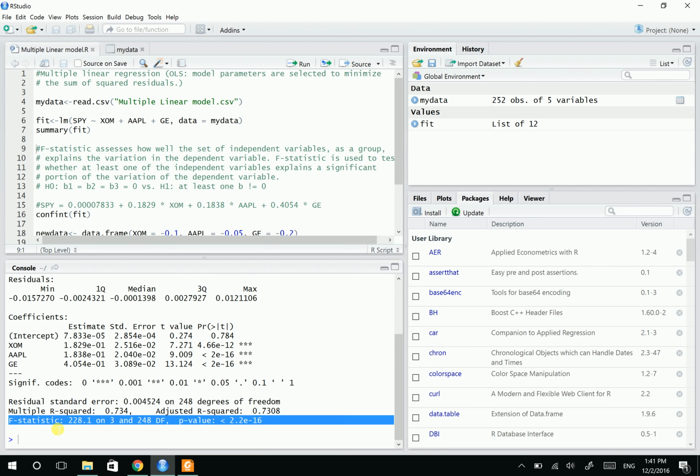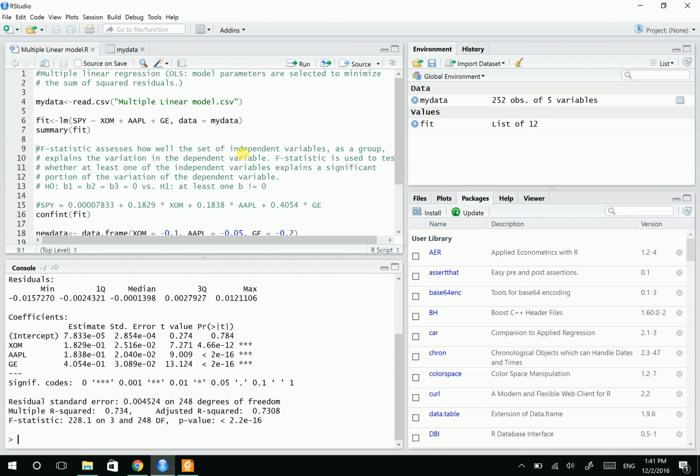And then I want you to look here, the F statistic. Someone asked me, what is the F statistic? Basically, the F statistic assesses how well the set of independent variables as a group explains the variation in the dependent variable.